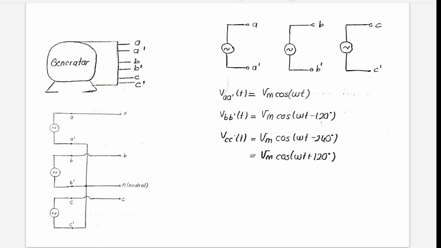Now, VAA prime will be a signal which is generated, and it will have some magnitude Vm with a sinusoid, cosine, with a frequency omega times t.